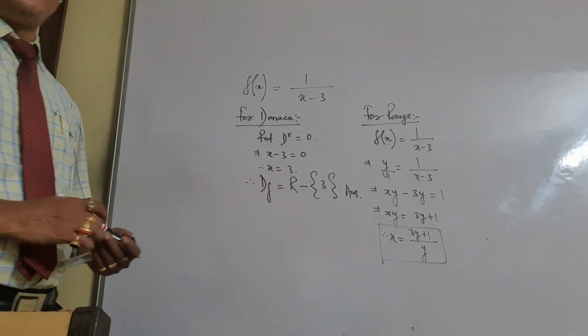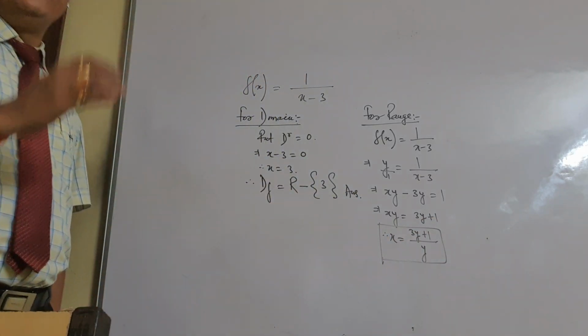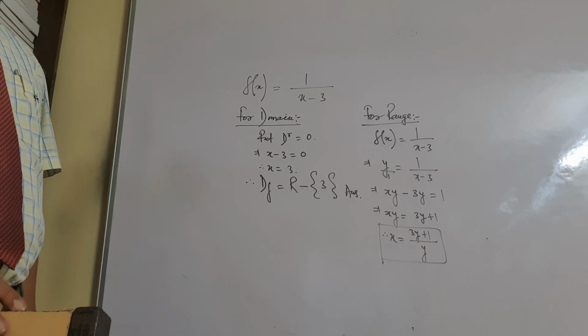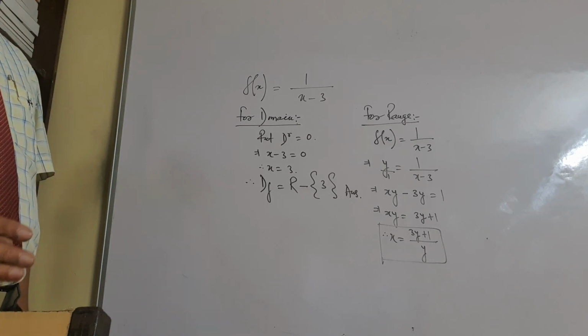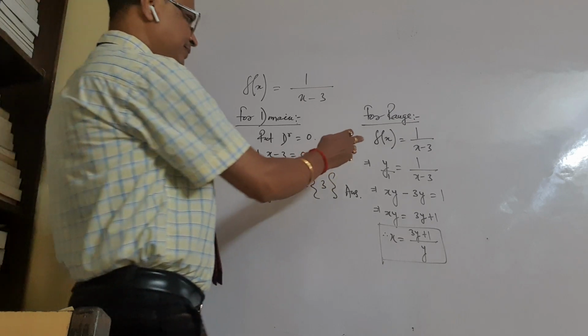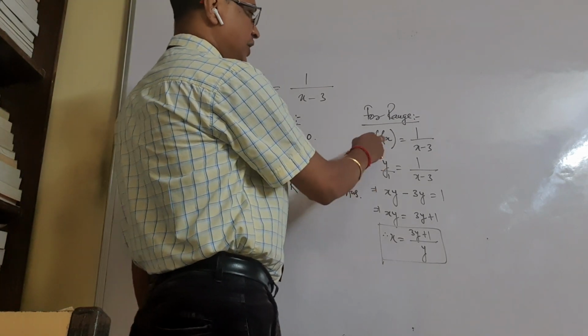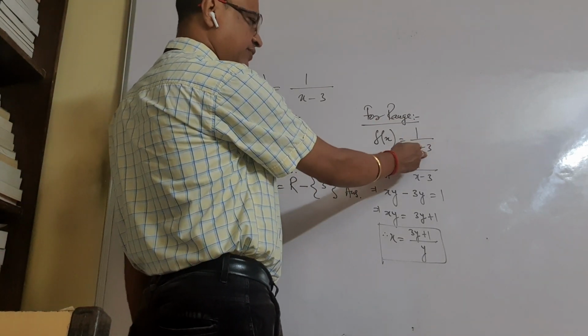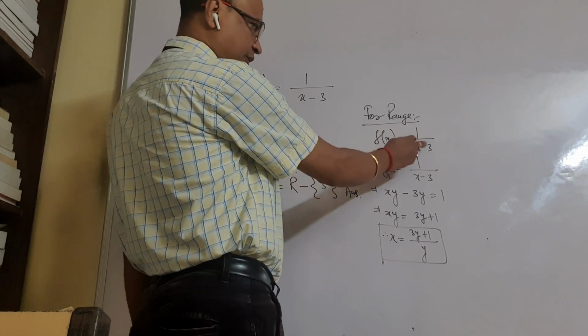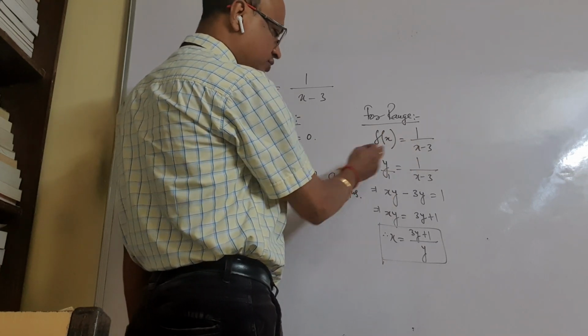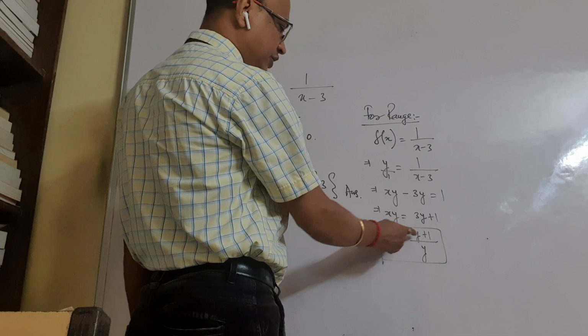It means we have to express x in terms of y. The simple method is that in place of f(x) we write y. Here y is expressed in terms of x. After solving, we express x in terms of y.